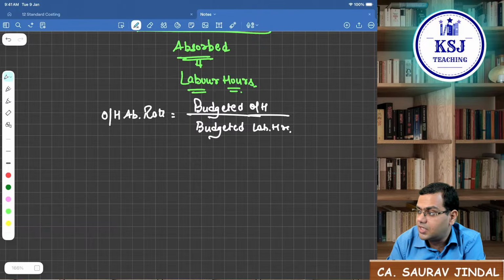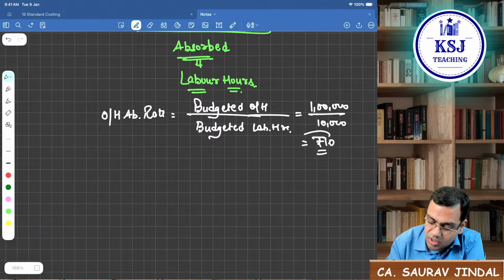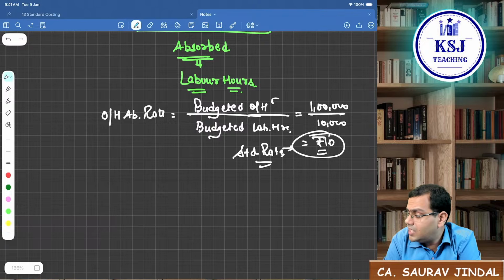So let's say your budgeted overheads are 1 lakh and your budgeted labor hours are 10,000. So what you get is rupees 10. So the absorption rate is what? It is your standard rate, as it is calculated on the budgeted data. So it is your budgeted rate or the standard rate. Clear?